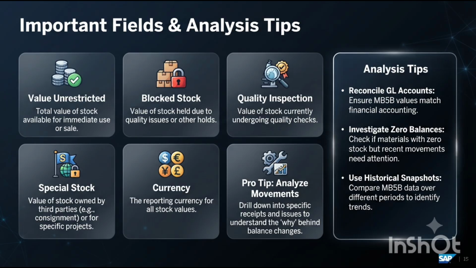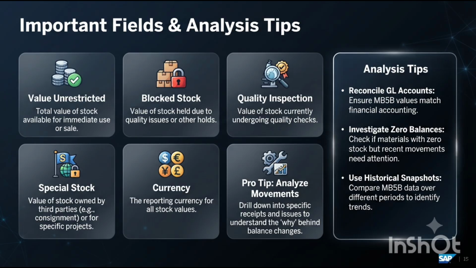You can also view the report in different layouts using the change layout option. A pro tip: use the detail view to drill down into individual movement documents by double clicking. You can also export the entire report to Excel for further pivot analysis or charting.